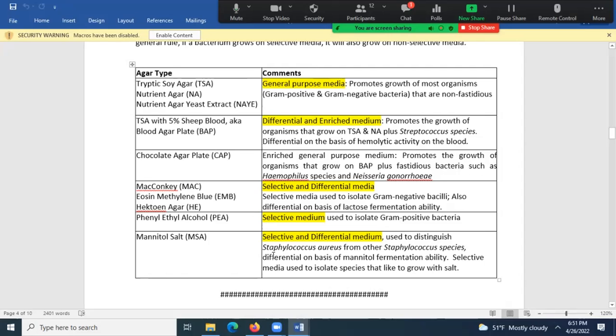It's differential in that you can distinguish whether the bacteria can ferment mannitol, that sugar, mannitol. If it can, the bacteria will form a yellow halo around the colony. And if the bacteria cannot ferment the sugar mannitol, it will not have a yellow halo around the colony.